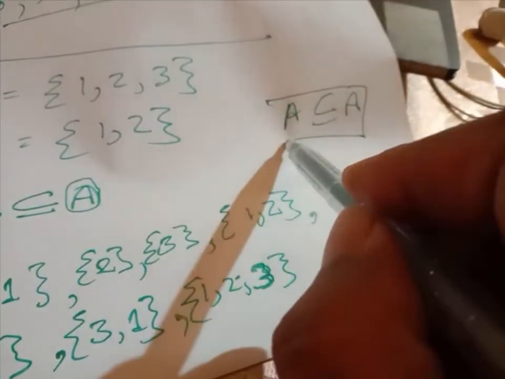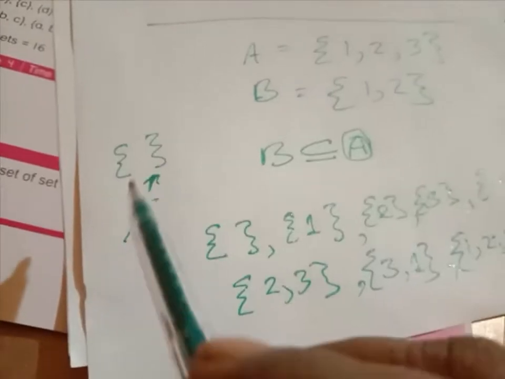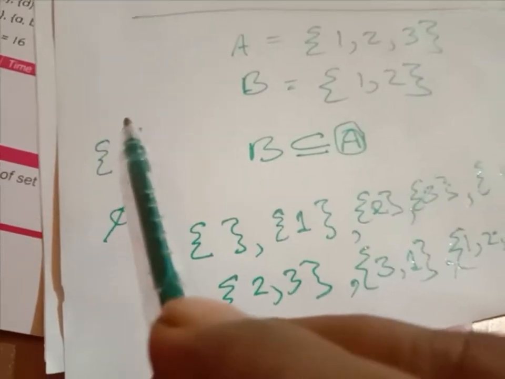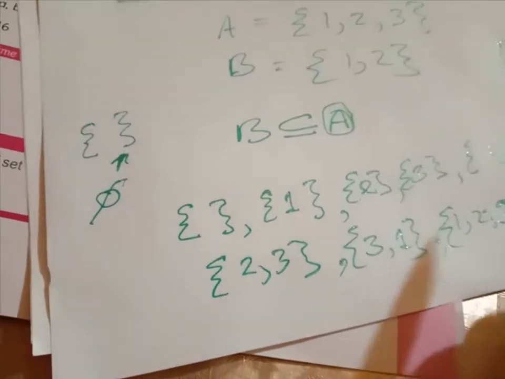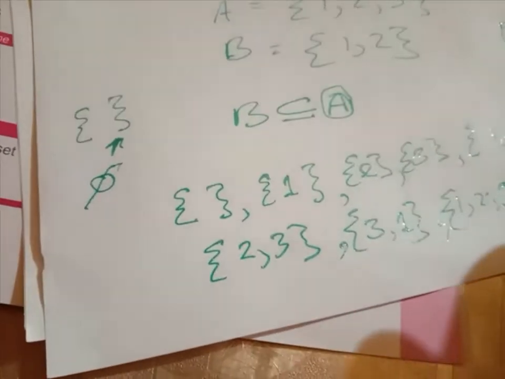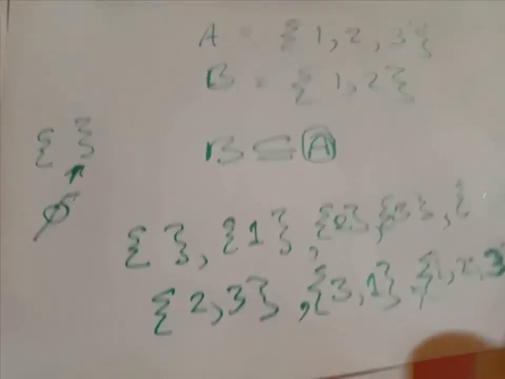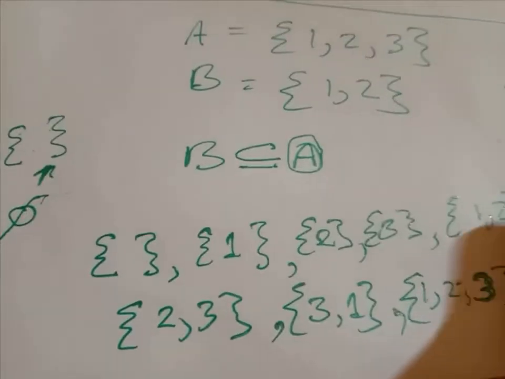Every set is a subset of itself, and phi or an empty set is a subset of every set. These 2 concepts will be useful for you for later part of your mathematics classes. So remember these 2 points even if it is not given in your book at this point.